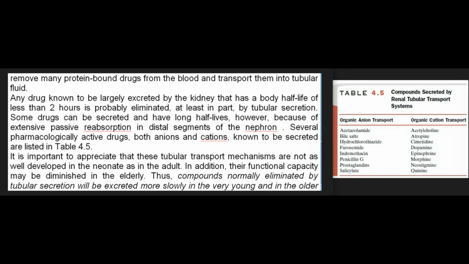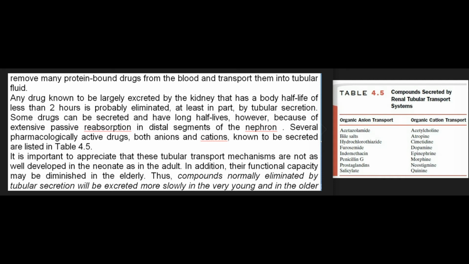Any drug known to be largely excreted by the kidney that has a body half-life of less than 2 hours is probably eliminated, at least in part, by tubular secretion. Some drugs can be secreted and have long half-lives, however, because of extensive passive reabsorption in distal segments of the nephron. Several pharmacologically active drugs, both anions and cations, known to be secreted are listed in Table 4.5.